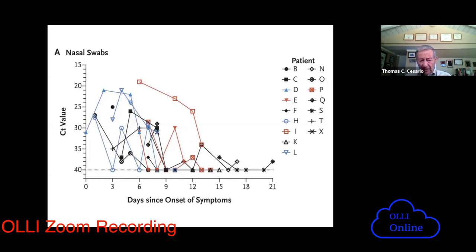So now let's talk about, if you get this, how infectious are you? The first question is, how much virus do you have and how much virus are you expelling? Well, the first experiments were all done using fragments of the viral genes, fragments of the viral RNA. When you use that, you can't tell whether the virus is live or not.